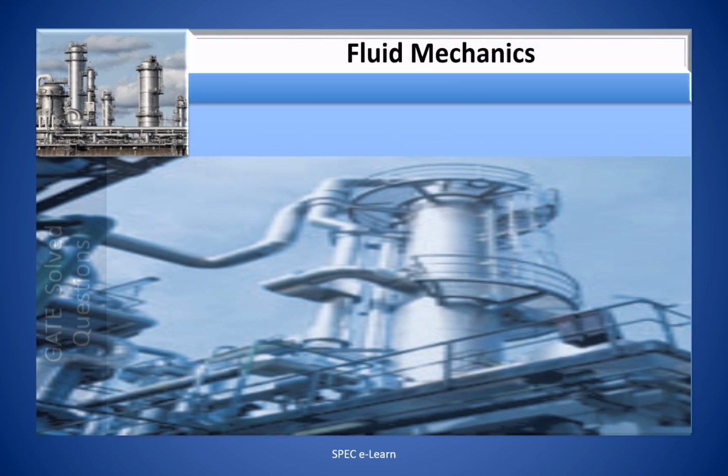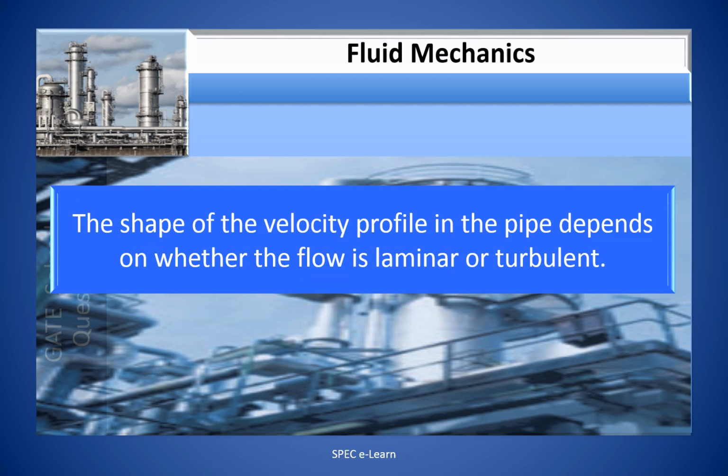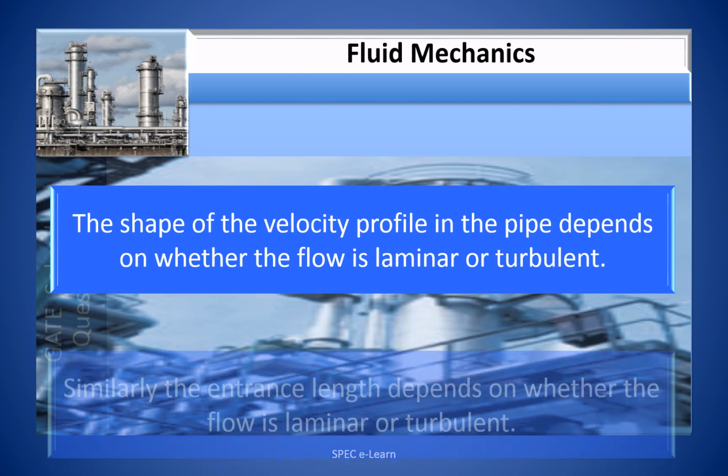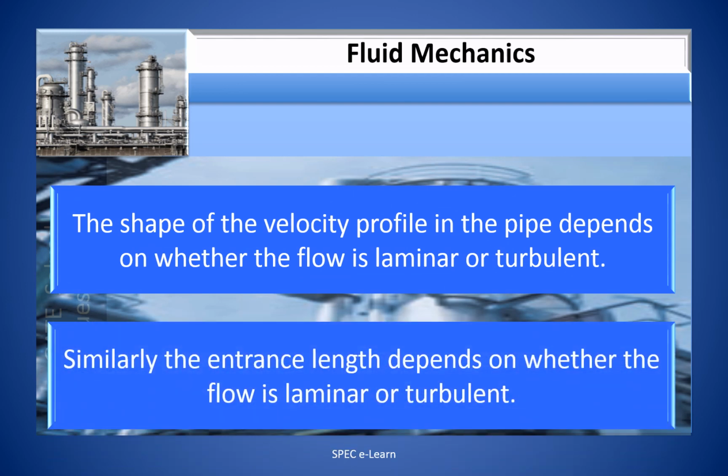The shape of the velocity profile in the pipe depends on whether the flow is laminar or turbulent. Similarly, the entrance length depends on whether the flow is laminar or turbulent.